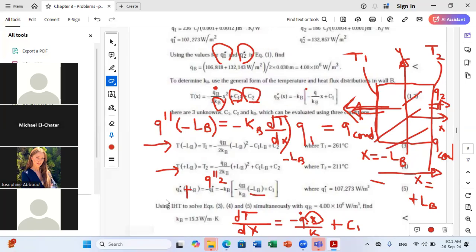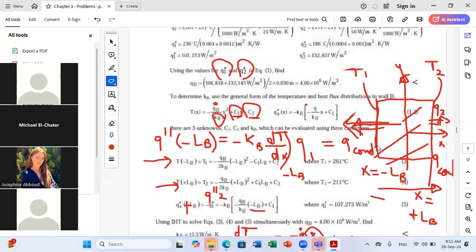So when you compute the Q second at minus LB in your equation, you will get a negative result because the rate is flowing backward. That's why, pay attention here: when you put Q second at minus LB, you put minus Q second 1. While when you put Q second at plus LB, it's in the positive direction, you put plus Q second 2.